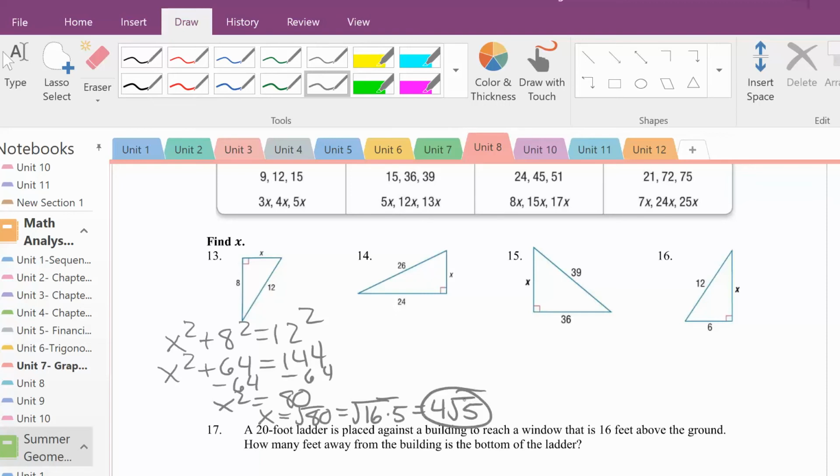For the next one, it's x, 24, 26. If you know it's a Pythagorean triple, a 5, 12, 13, you could say that it's 13. But if you don't, then you could say x squared plus 24 squared equals 26 squared.